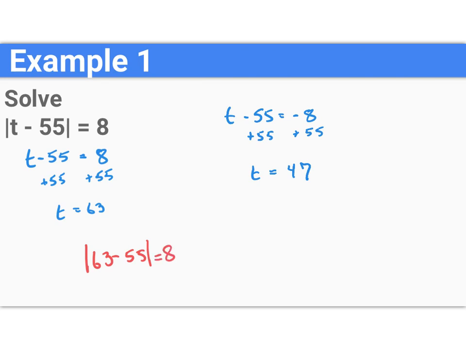So 63 minus 55 is 8, and 8 equals 8. Okay, so now watch when we put in the other one. If we do 47 minus 55, we get negative 8. And we know that the absolute value of the number is 8. So it works out. When you solve these, you're always going to have two possible answers. So be aware of that.